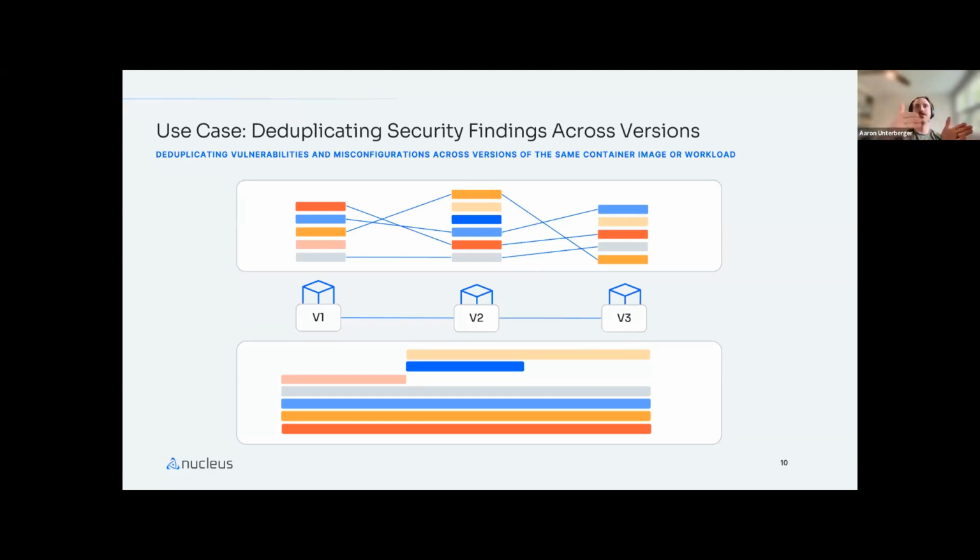Oftentimes, after a certain period, container images are usually archived or removed from active priority and workflow. So these vulnerabilities in this context often entirely disappear. Having a unified view across the lineage essentially helps you to identify when a vulnerability actually first appeared.